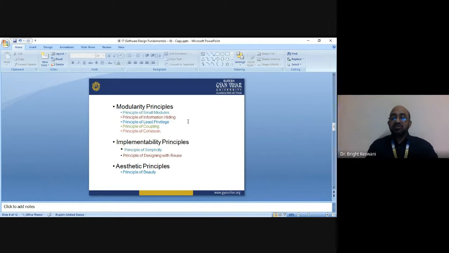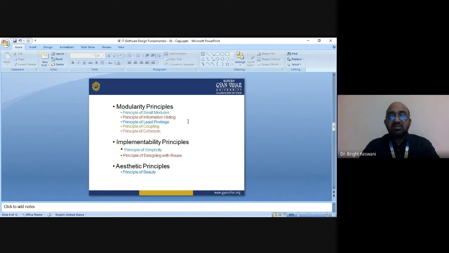The first of these aspects of reuse has a great effect on design implementability, leading to the principle of designing with reuse, meaning systems should be designed to reuse existing assets as much as possible. Through this principle, we can increase productivity and improve software quality.